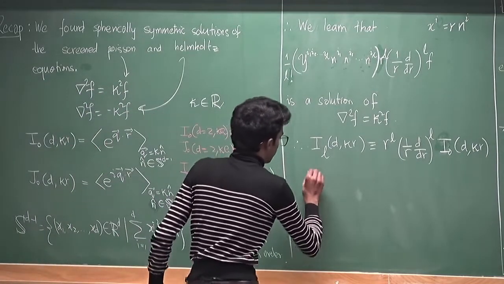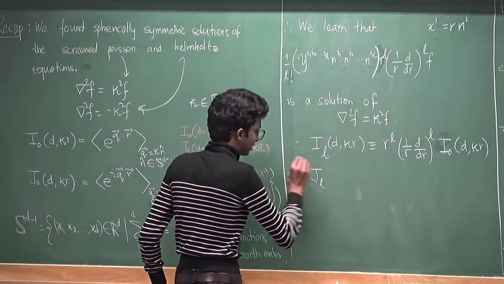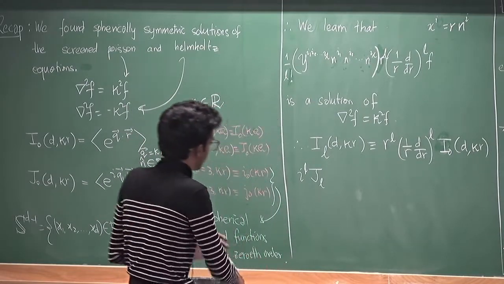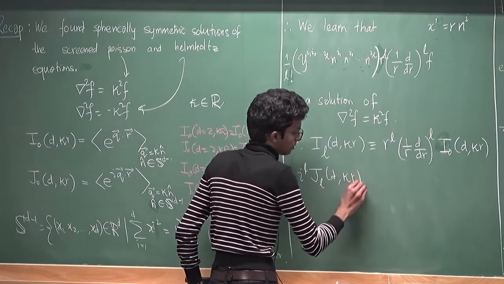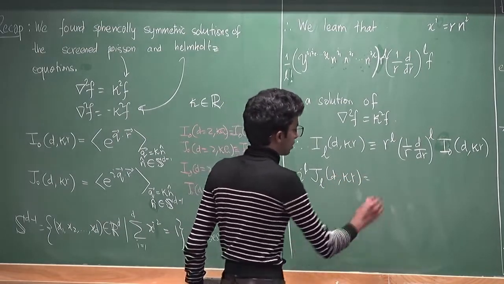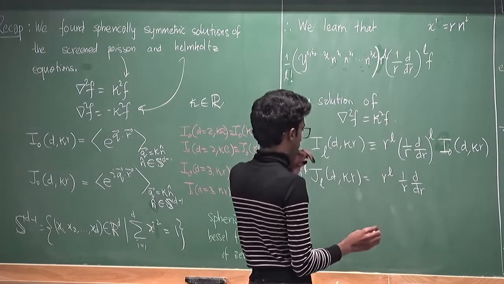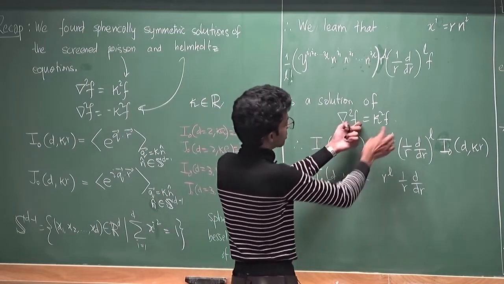Similarly, J_L. So in J_L, people usually put an i to the L here. Okay, that's again just a normalization. J_L of kappa r is r^L (1/r d/dr)^L. Actually, we should put a kappa to the L here because we have to differentiate with respect to the argument here, right?